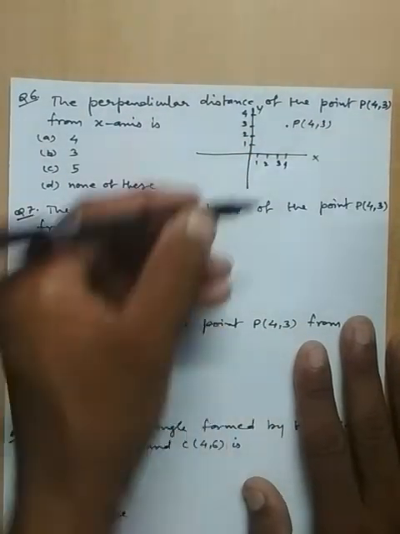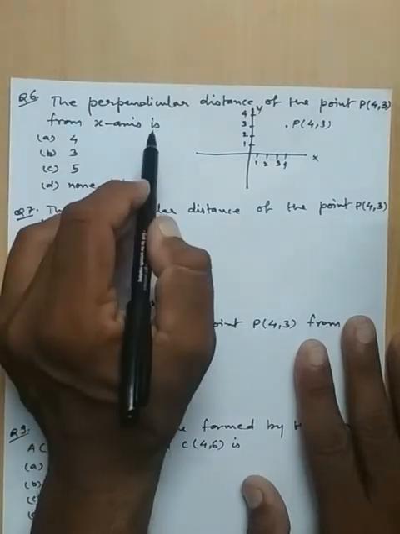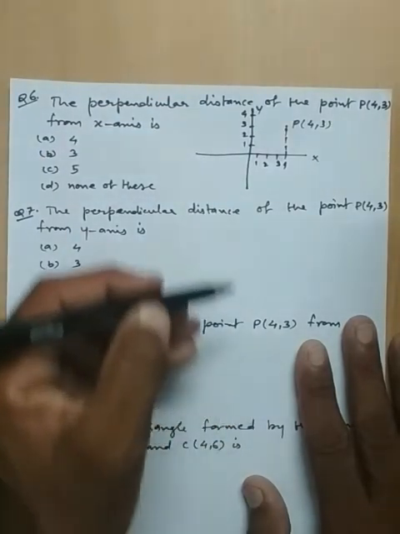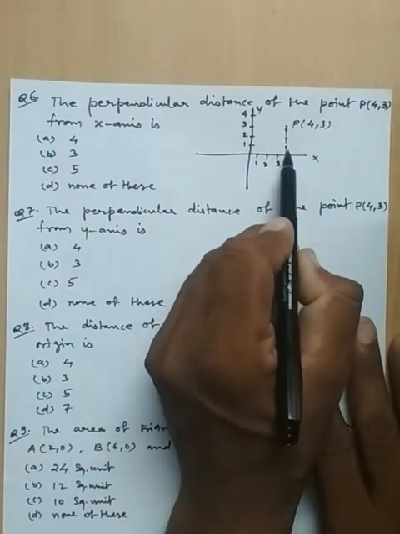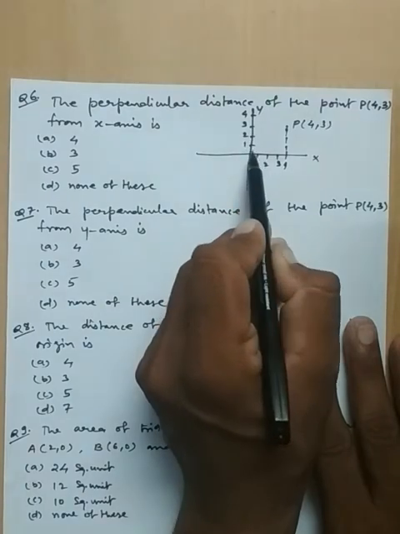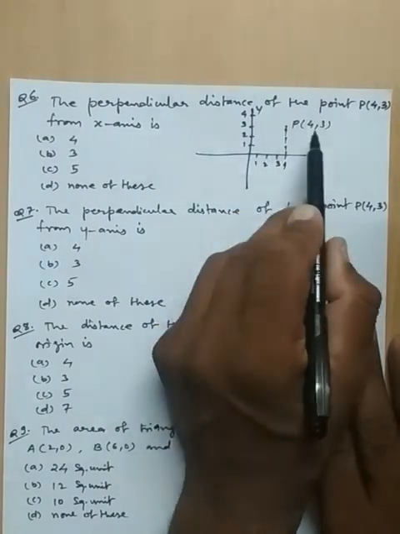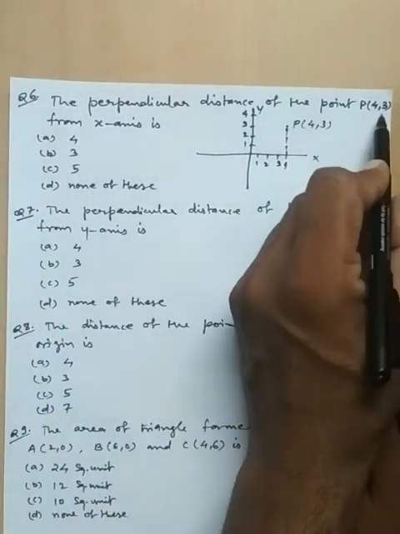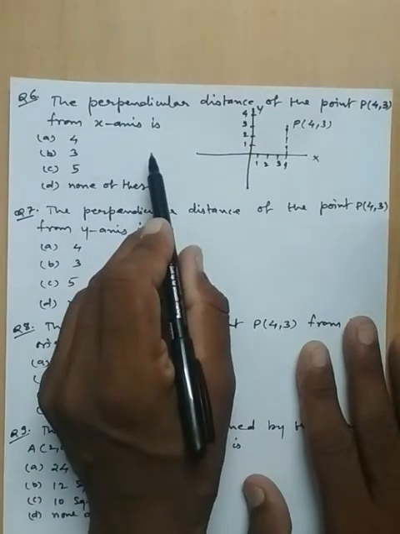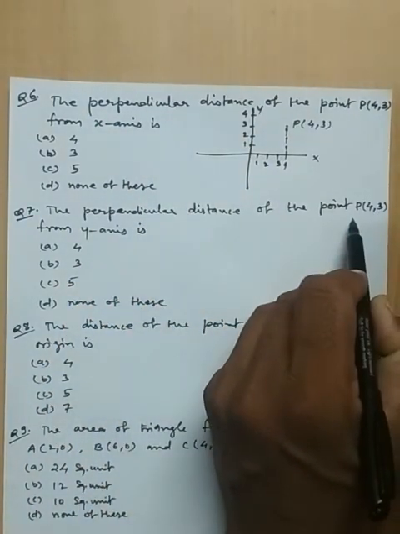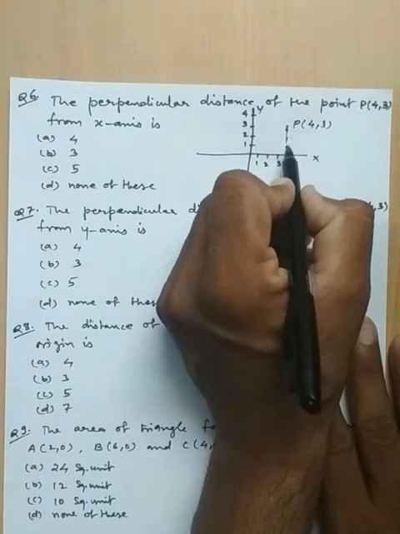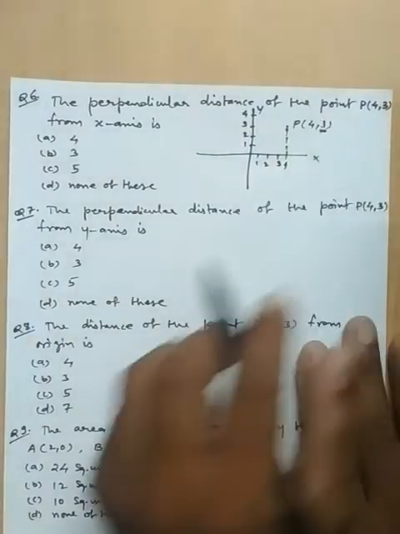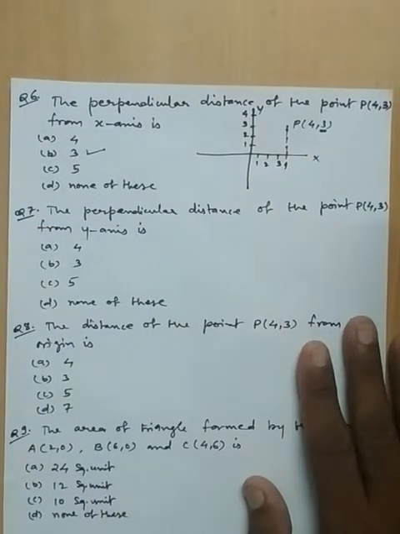And the perpendicular distance from the x-axis, from the point to the x-axis, is 3 units, and 3 is the ordinate. The perpendicular distance from the x-axis is the y-coordinate, and the perpendicular distance from the y-axis is the x-coordinate. So it is 3 units.